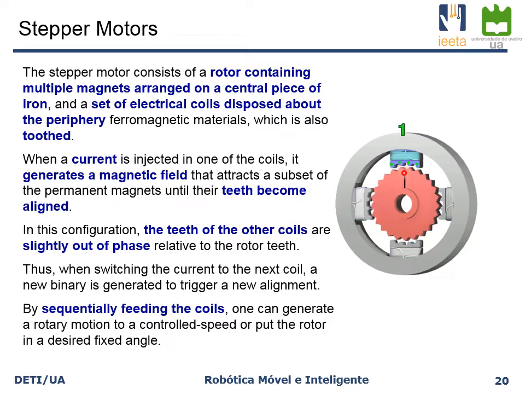So sometimes these kind of motors can exhibit, depending on the way you control it, some very small mechanical vibrations. But this can be used and can be very interesting in applications that normally do not require very high forces, but require very high precision of positioning or very high precision speed rotation.